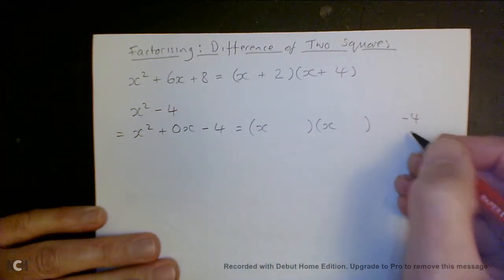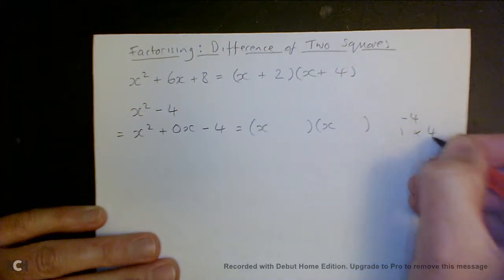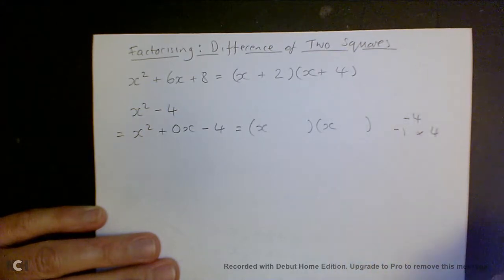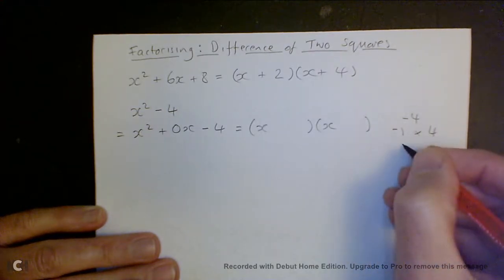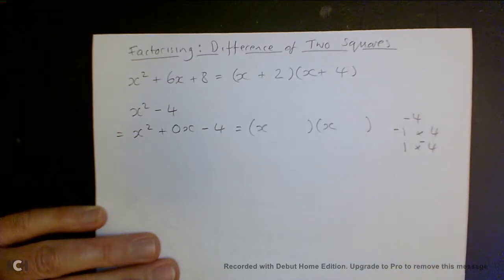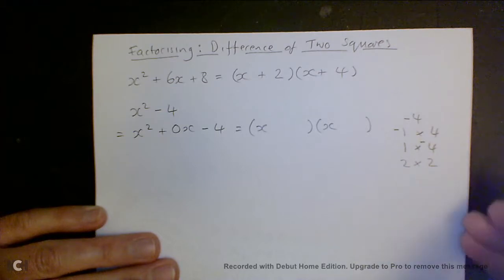So numbers that multiply to give negative 4: 1 multiplied by 4 gives me 4, so to make it negative 4 I could make the 1 a negative. Or I could have 1 times 4 and make the 4 a negative. 2 multiplied by 2 gives me 4, so if I made one of these two a negative, that would give me negative 4 as well.